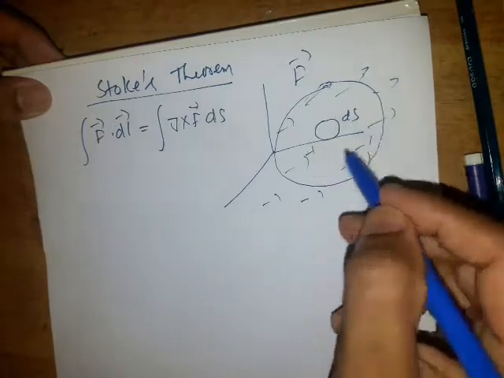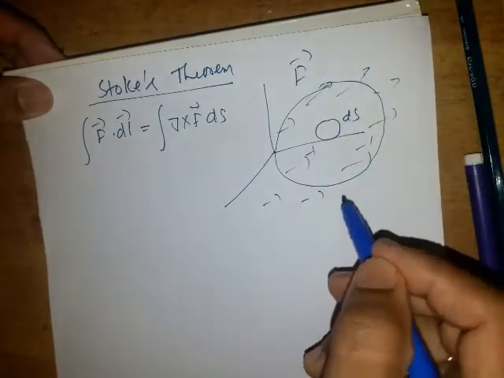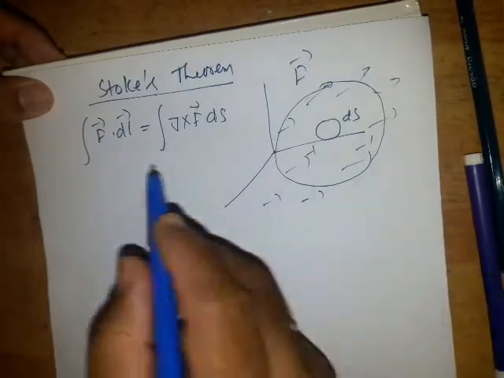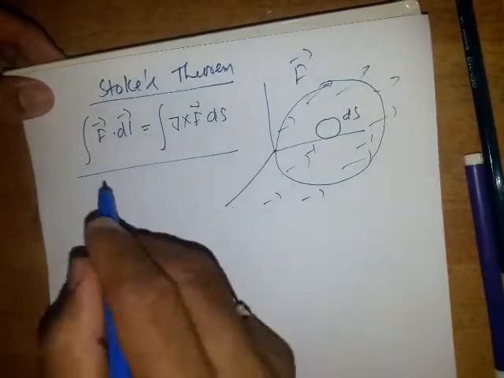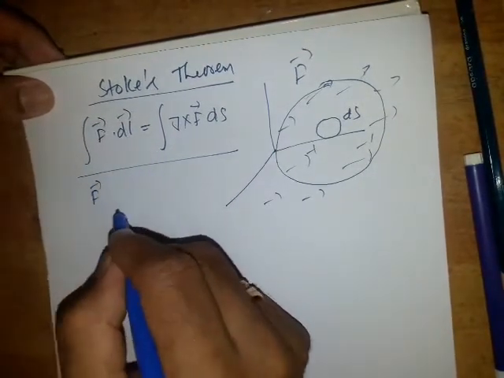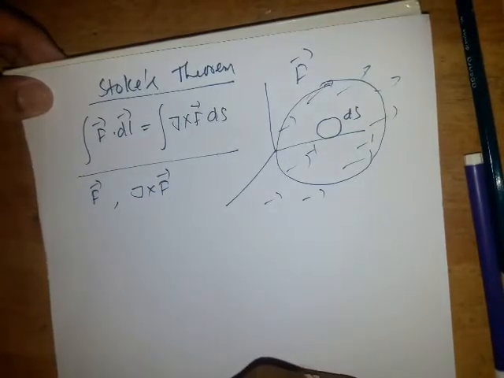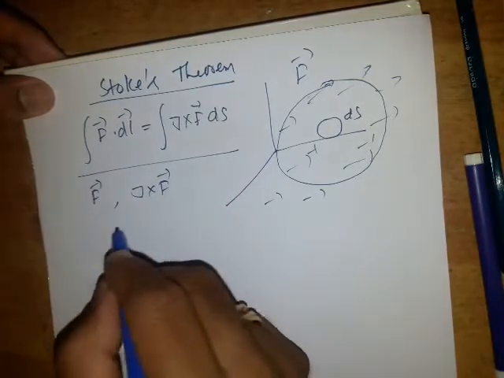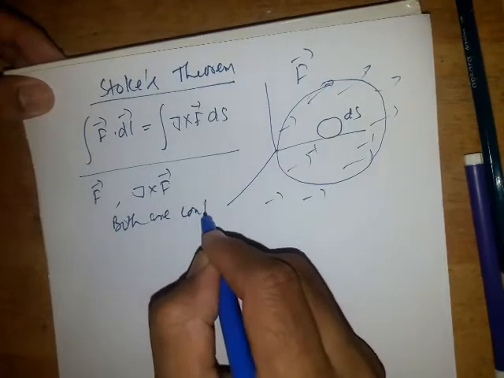So this ds is within the closed path, which is used for the line integration, and this is known as Stokes' theorem. And this is true only when both the F vector as well as del cross F, the curl of F, are continuous.